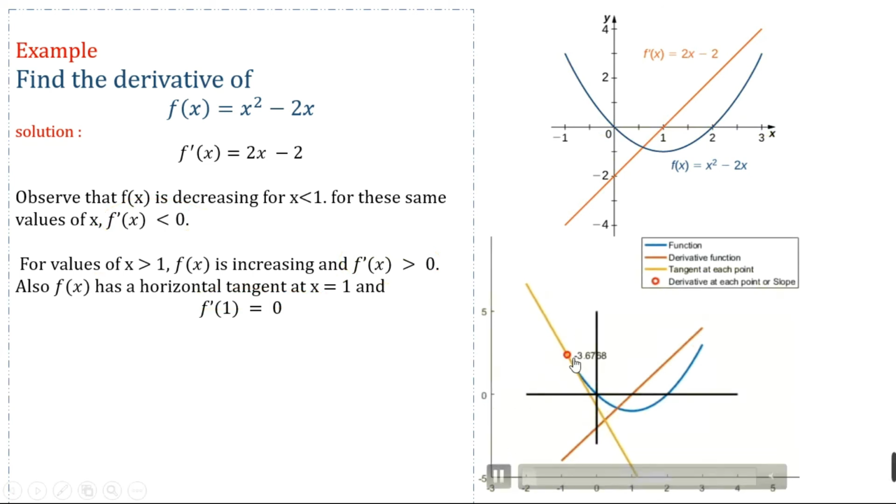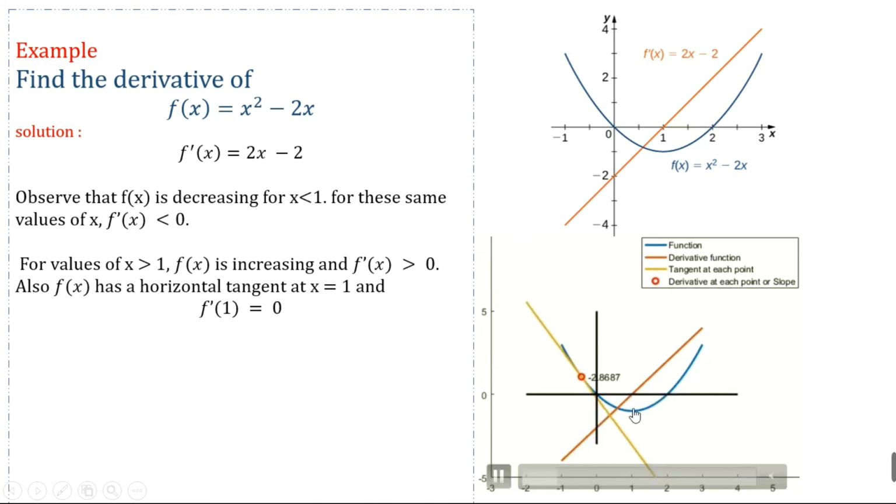Here we can see that the derivative of the function is negative for x less than 1, and the slope of the tangent line is also negative over here. When x is greater than 1, the derivative of the function is positive and the slope of the tangent is also positive.